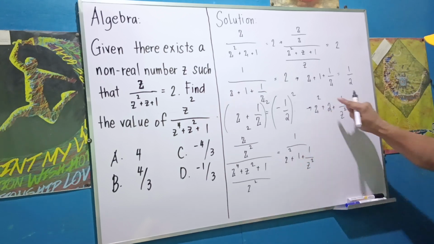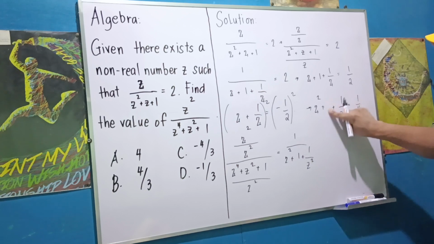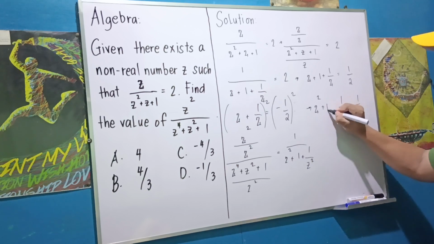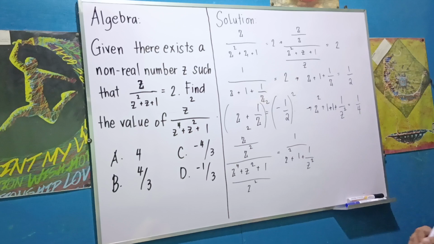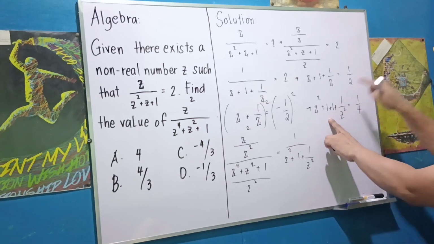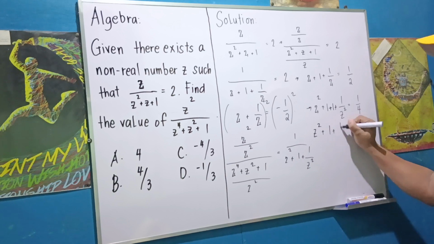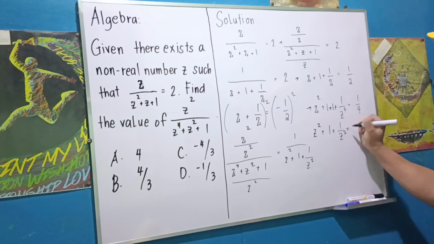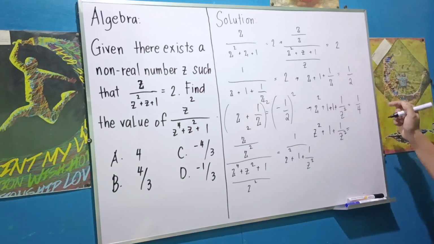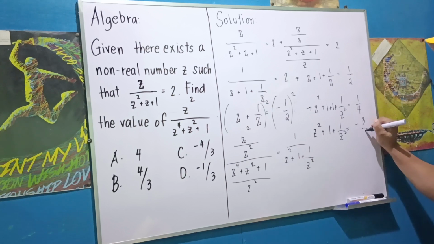Itong 2, pwede natin siyang i-trim down as 1 plus 1. So yung 2 gagawin ni Sir IJ, 1 plus 1, pinalitan ko lang. Yung isang 1, ilipat natin sa kabila, z squared plus 1 plus 1 over z squared equals 1/4 minus 1, that is negative 3 over 4.